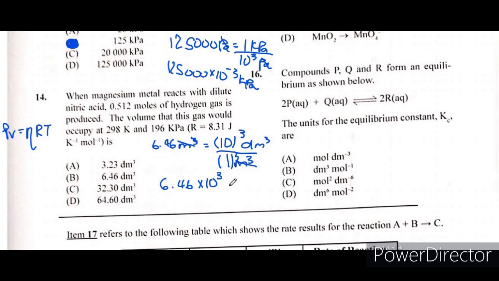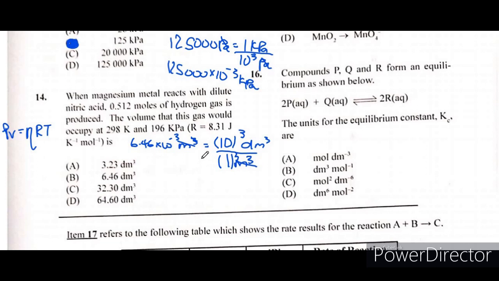I forgot something. Oh my god, I am so annoyed with myself. I forgot to put the times 10 to the negative 3. So it's 6.46 times 10 to the negative 3 meters cubed. That's the answer, right?